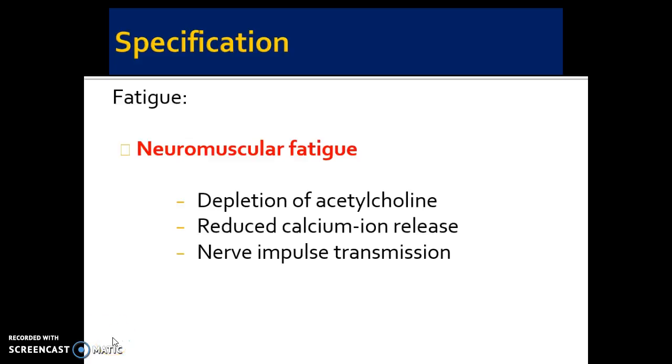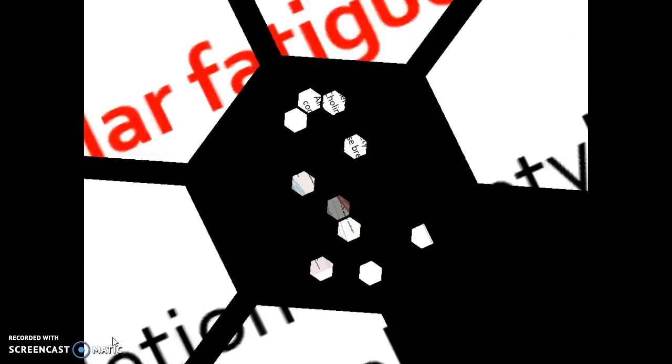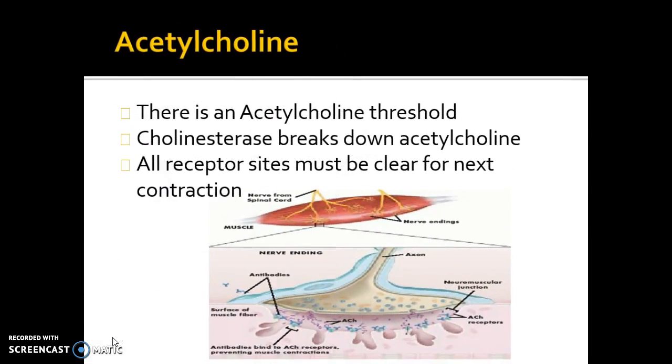There are three parts to neuromuscular fatigue: the depletion of acetylcholine, a reduced release of calcium ions, and nerve impulse transmission.